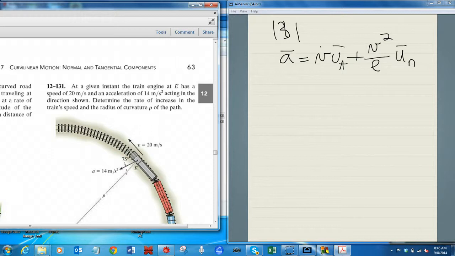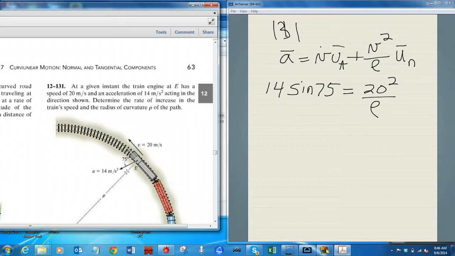So it would be 14 sine 75 is the normal acceleration, and that equals speed squared, 20 squared, divided by radius of curvature. Can you solve this? Okay.